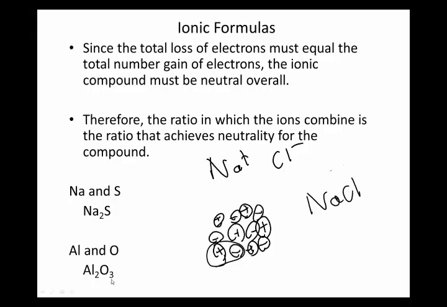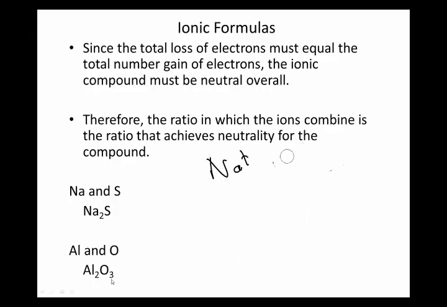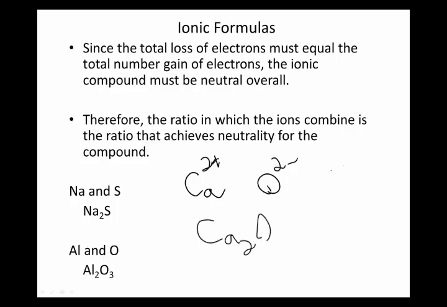So because of that, we have to reduce it. I'm coming back to why this is a dangerous thought process. If you take calcium and oxygen, what's the charge on calcium when it forms compounds? It's 2 plus. Oxygen is 2 minus. If you were to write Ca2O2, that would be incorrect.